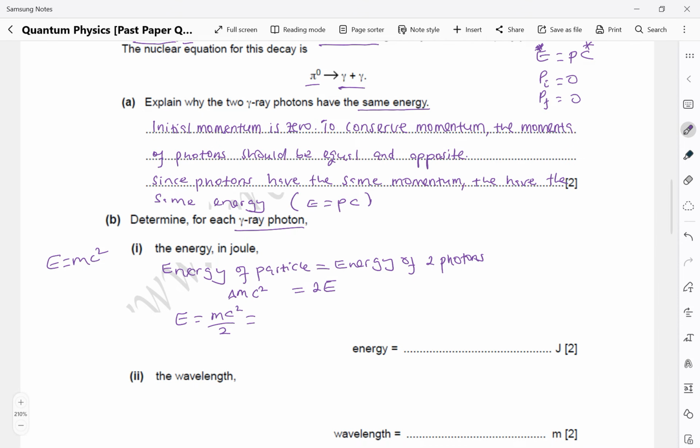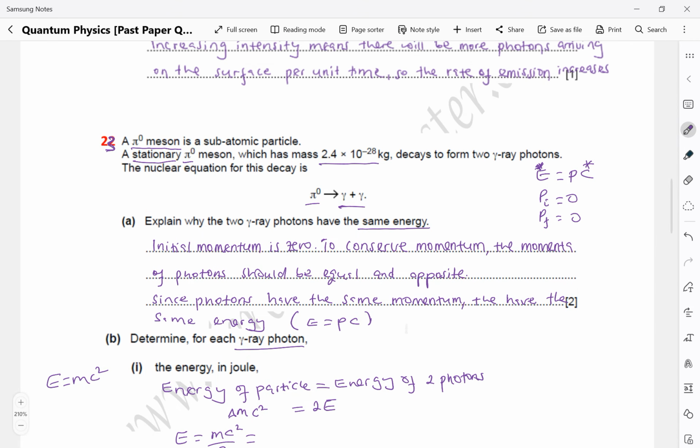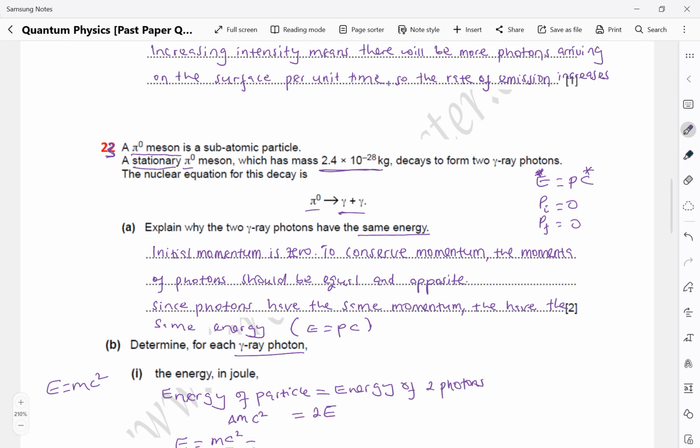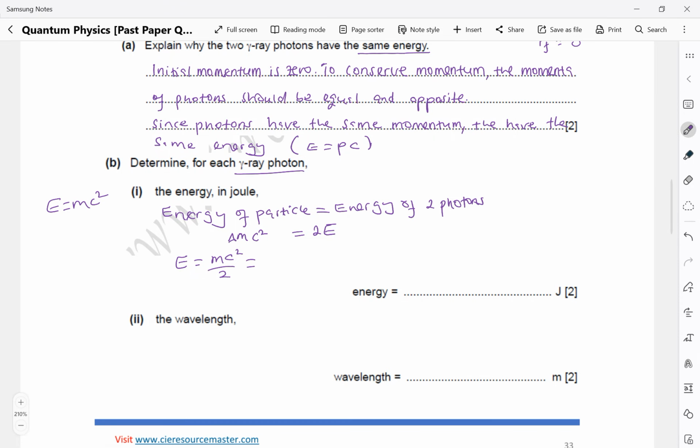So they give us the mass. The mass is 2.4 times 10 to the power of minus 28. Then times the speed of light, 3 times 10 to the power of 8, but this should be squared. And this should be divided by 2.